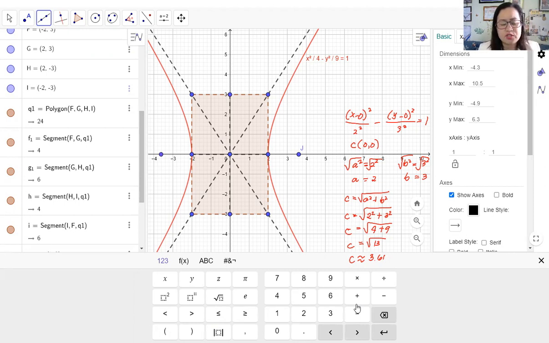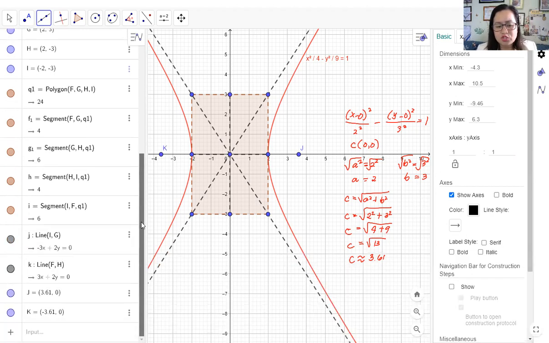Then we just copy the ordinate of the center. Why did we change the abscissa, or add 3.61 to the abscissa? Because the transverse axis is horizontal, and take note that the foci, the vertices, and the center are collinear, and the transverse axis connects the vertices of the hyperbola.